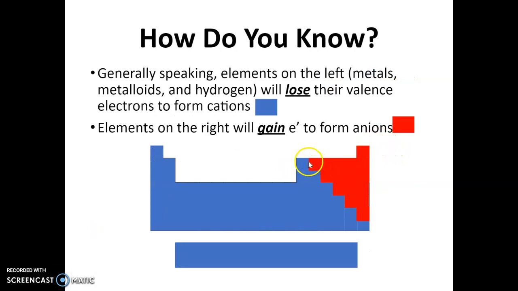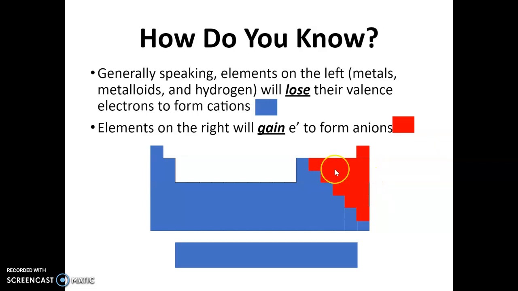Okay, so again, here's just another representation of how to figure that out, just to make an educated guess. Everything in blue, so the elements in blue, will lose their valence electrons. They will donate them, okay? And when they donate them, they'll lose the negative, they will become positively charged.